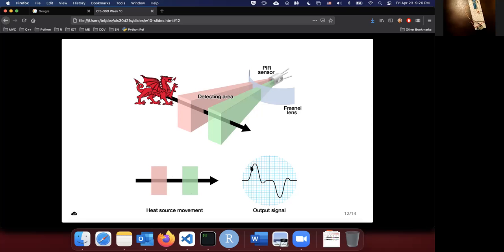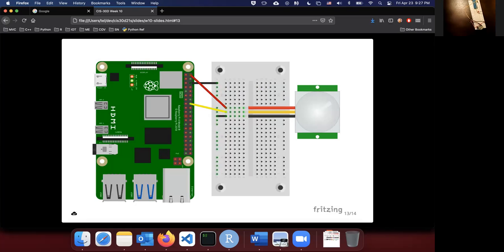The signal that's output from the sensor looks like this kind of wave signal. Then the driver will measure those voltage changes and determine if there's a motion in the field of view. Let's take a look at an example. We're going to wire this up to our Pi.